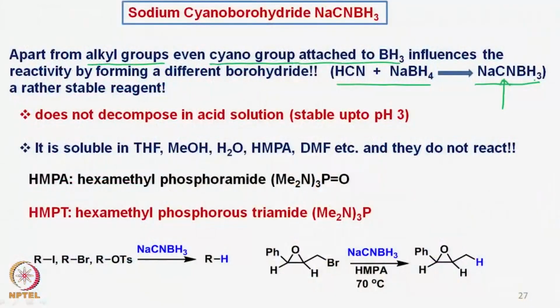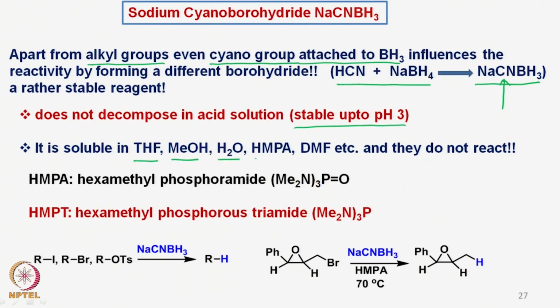And what is interesting is that because the nucleophilic nature has been reduced, sodium cyanoborohydride is not nucleophilic enough to decompose in solution even up to say pH 3. That means it is stable under acidic conditions, and that is the advantage.